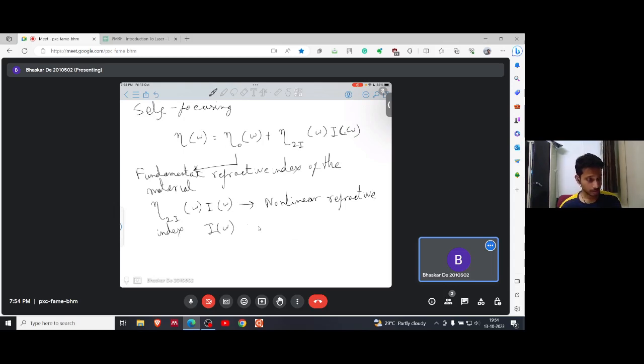And so these two contribute to the total refractive index eta omega of the material.